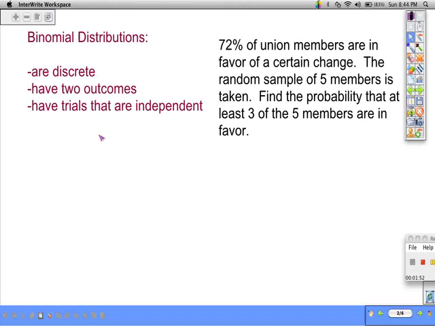So here we have a binomial problem. 72% are in favor of a change. We sample 5 people, find the probability that at least 3 of the 5 members are in favor. So here X is represented by a binomial distribution where n is 5 and the probability of a success is 72%.